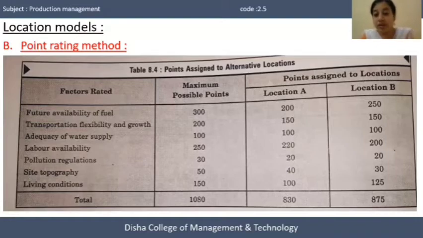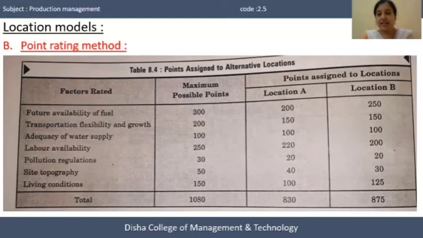In location A, the future availability of fuel is not as much as in location B. So for location A he assigns 200 out of 300, and for location B he assigns 250 out of 300 points. And accordingly, as per the availability of the factor in a particular location, he assigns various points out of the maximum points.